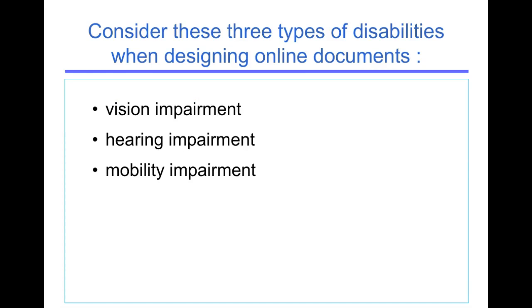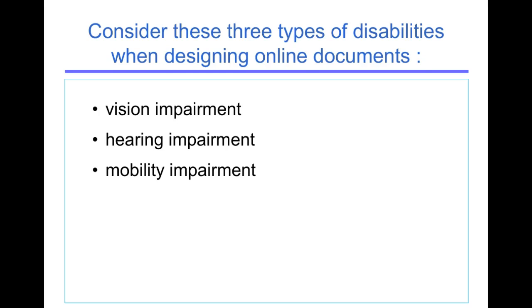When designing for disabilities, consider vision impairment, hearing impairment, and mobility impairment. If you have noticed on the slides that I create for you, there's always a script, so that if you are hearing impaired, you can actually read what I have said to you and follow along that way.